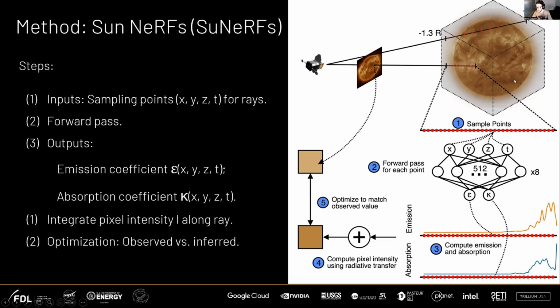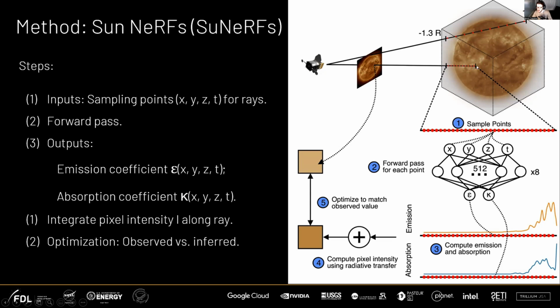So we have basically in there a 3D model of the sun, and we're going to be tracing light rays. The ray starts from the observer, which is a satellite. It goes through the pixels of the image, and it goes to our 3D model. As we get in the 3D model, we'll be sampling points along the light ray.